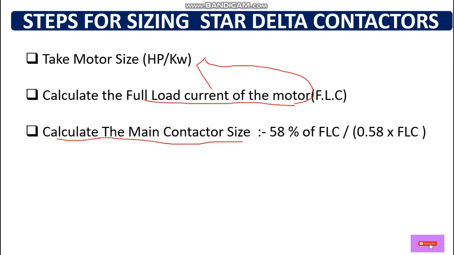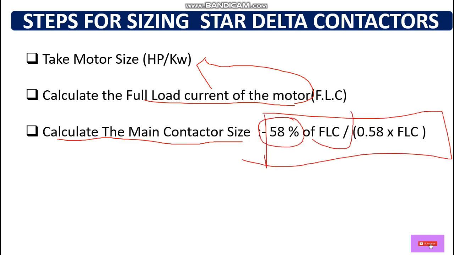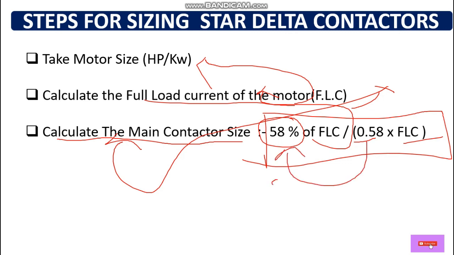So 58% of full load current will be the rating of this main contactor, or we can multiply the FLC with the factor 0.58, which is 58 divided by 100.